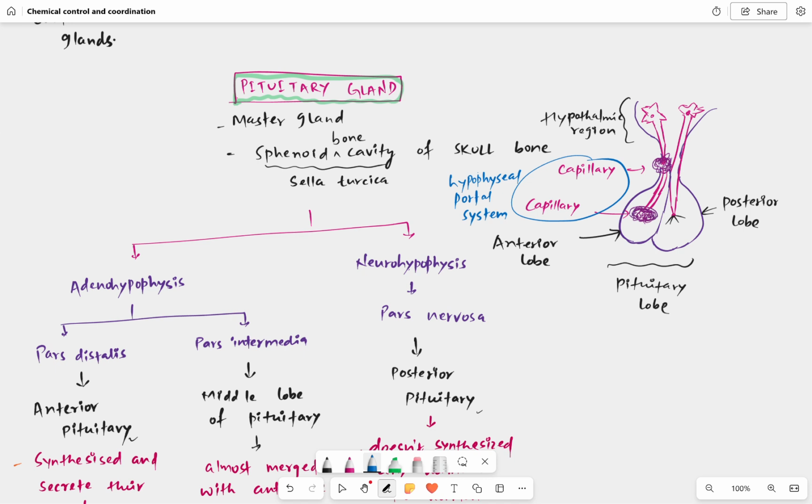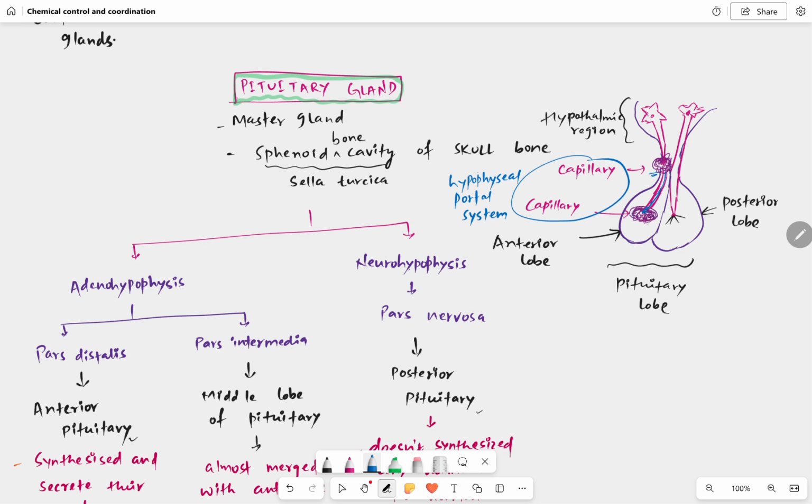What happens here is that neurosecretory cells of the hypothalamus region secrete their product into the capillaries here. After reaching this capillary site, the hormone is collected and reaches the capillaries inside the anterior lobe.